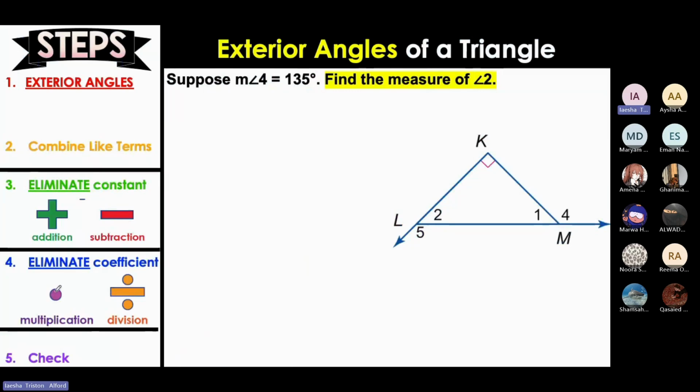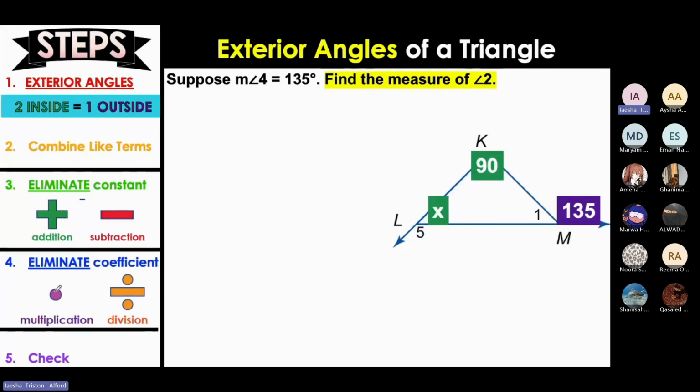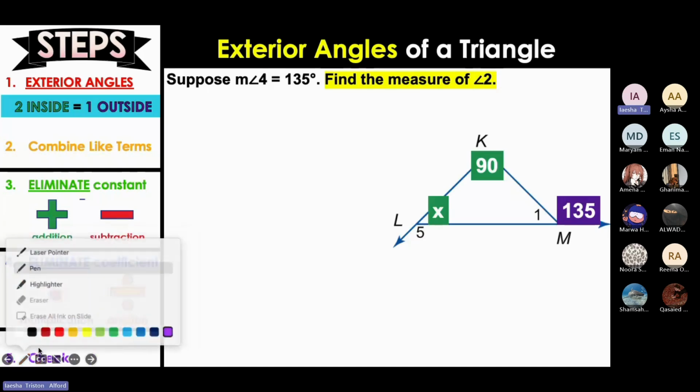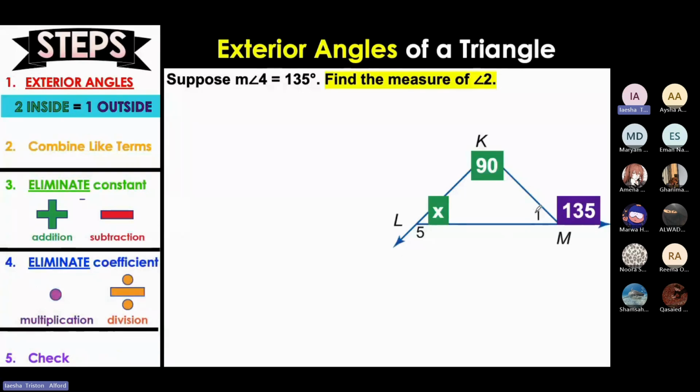So here, the measure of number 2, we do not know. Angle 4, or sorry, this one is 90 because it's square, and that one is 135. Remember, it is not allowed to take the 1 for exterior angle.